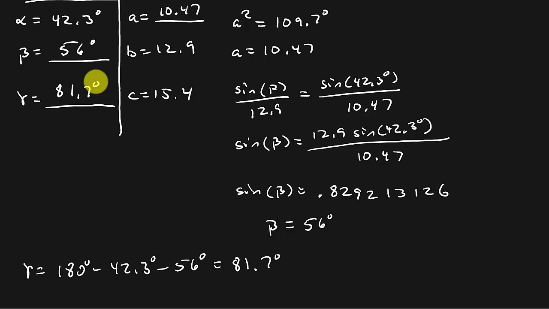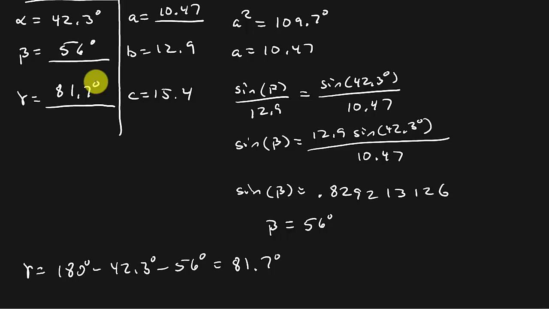How about that? But guess what? If you would have solved for gamma first, you would have gotten it correct, but you would have gotten lucky. Like I said when I was explaining all this, and you can rewind the video, gamma could be between 0 and 90, or it could be between 90 and 180.